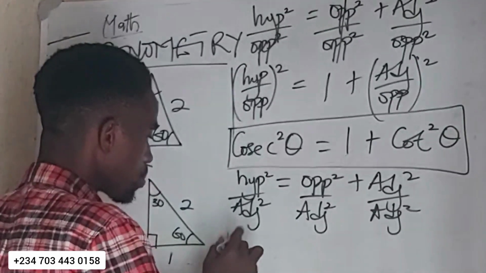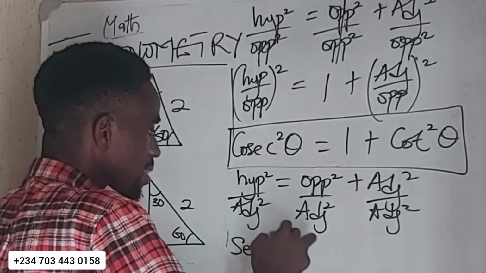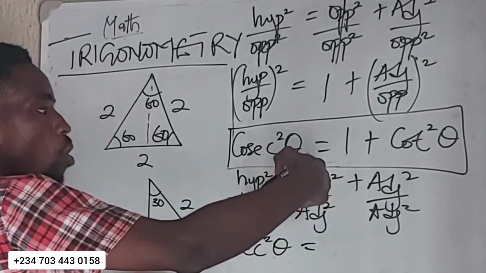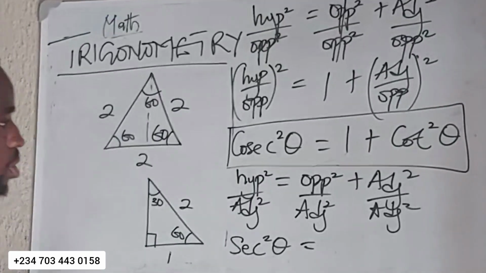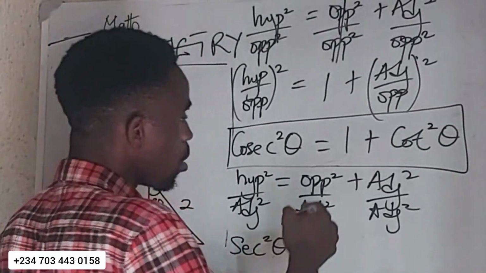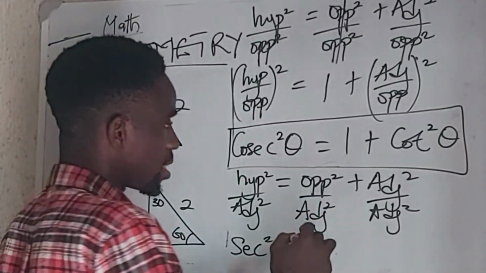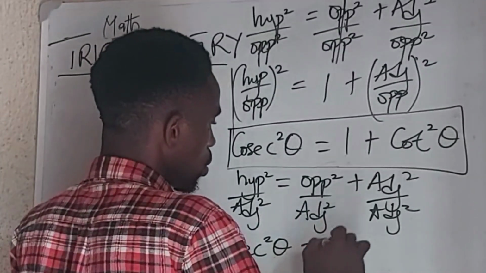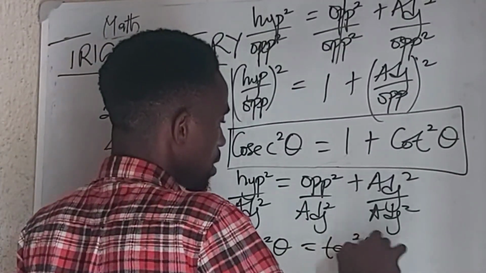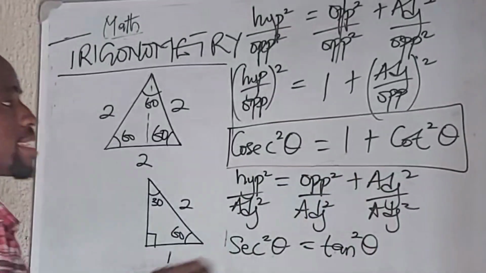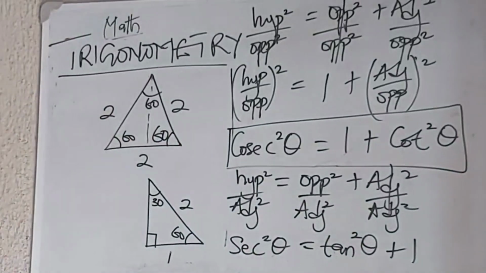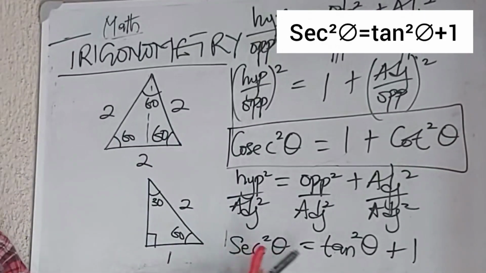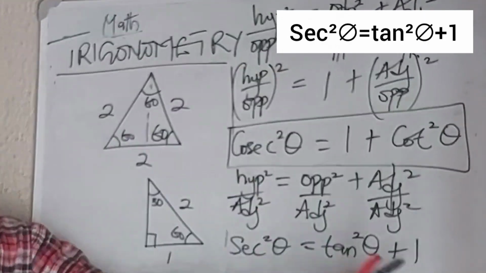So this is going to be sec squared theta is equal to opposite over adjacent, which is tan, so tan squared theta. And then adjacent cancels adjacent, which gives us plus 1. So we have that sec squared theta is equal to tan squared theta plus 1.